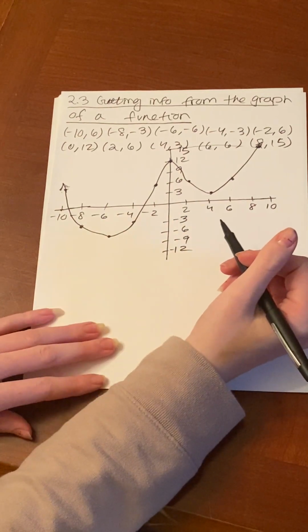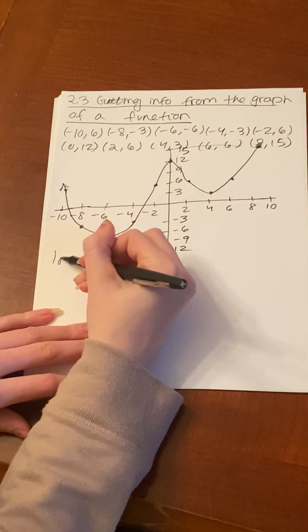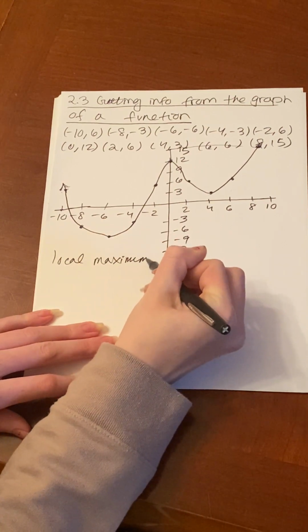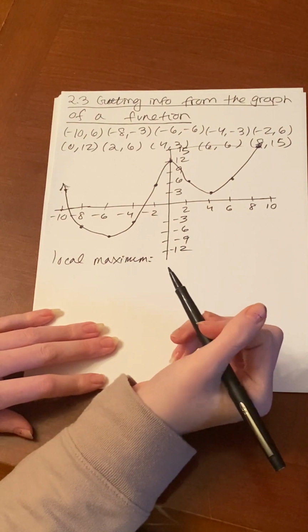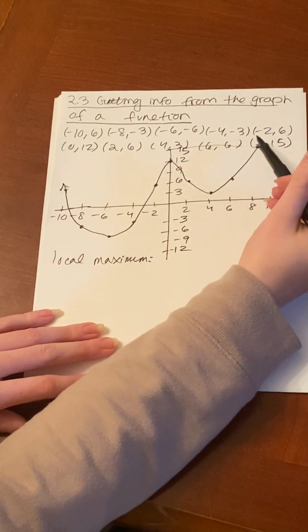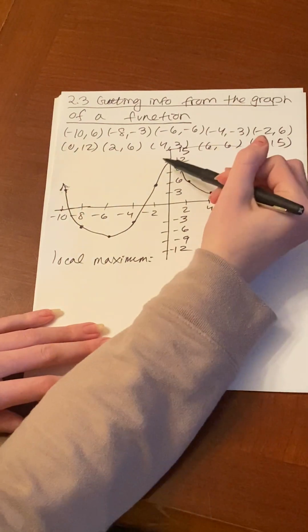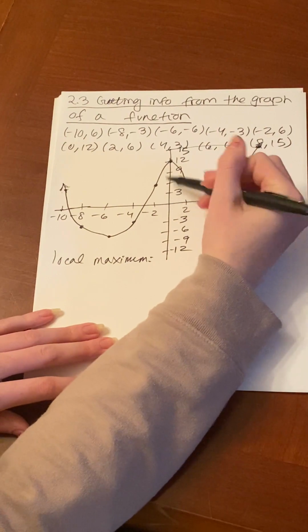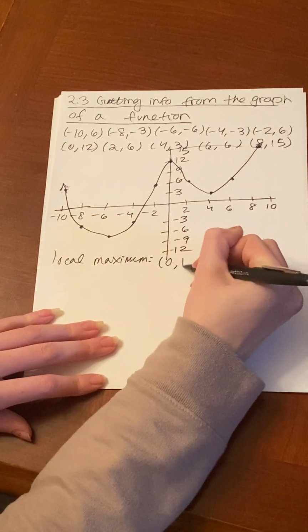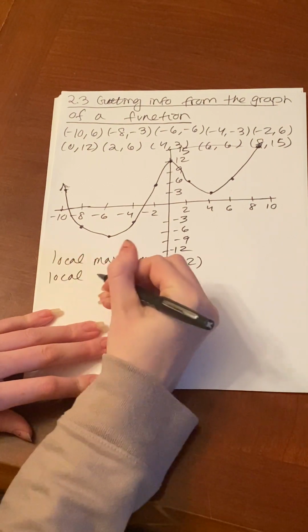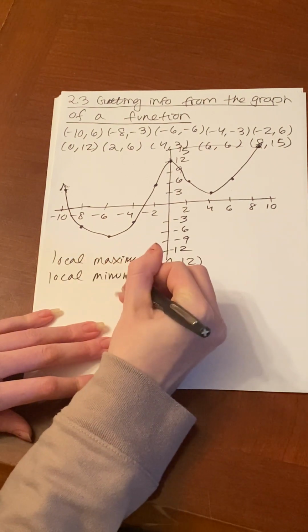Next, what we want to do is find the local maximum. So that's where the second highest point is. We see that it goes to infinity, but what we want to find is the local maximum. So that would be 0, 12. Then we'll find two local minimums.